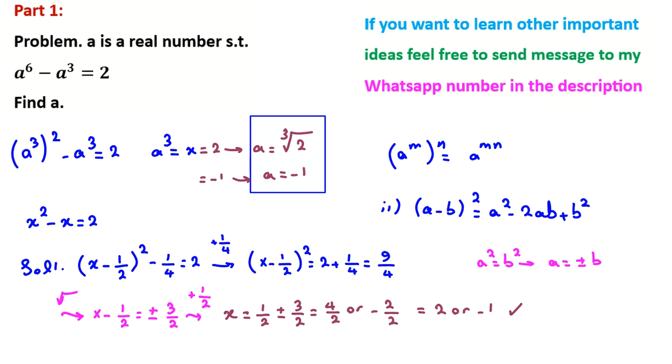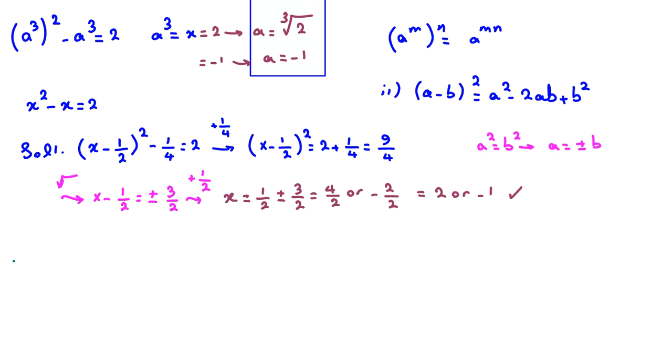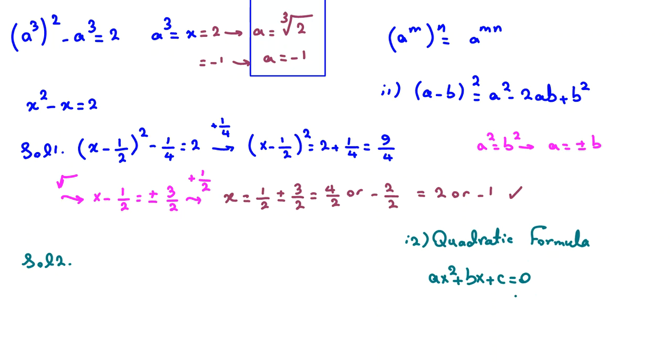Now, let's solve it by applying the quadratic formula. This was solution 1, now solution 2. If we apply the quadratic formula, say it is ax squared plus bx plus c equals 0.